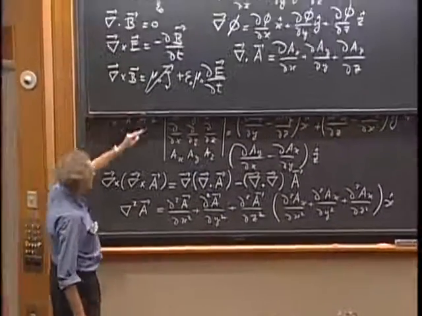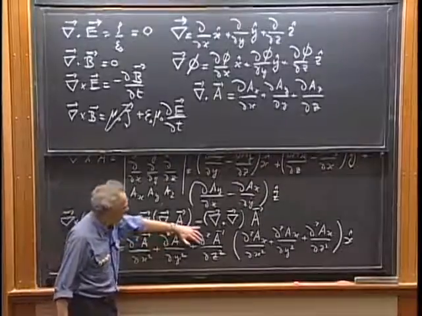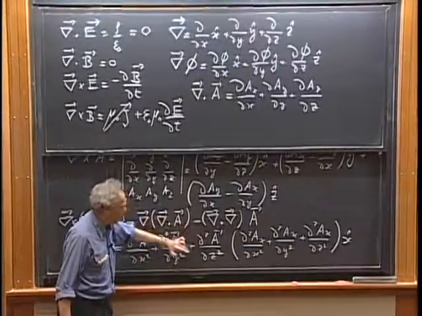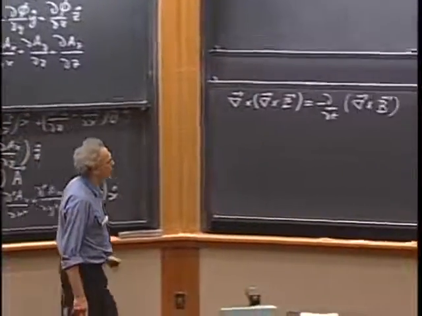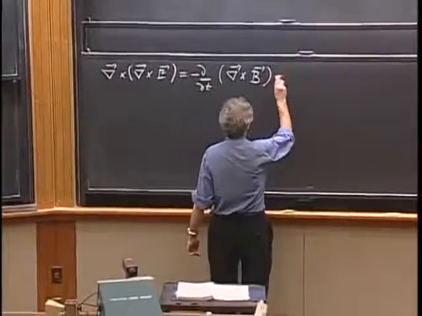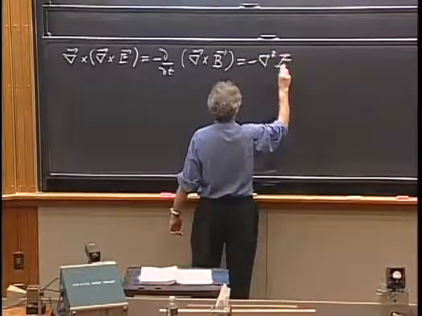You see that there. So this first term is 0. So I only have this term, which is then minus the Laplacian operator on the vector E. So this is also minus del squared E.